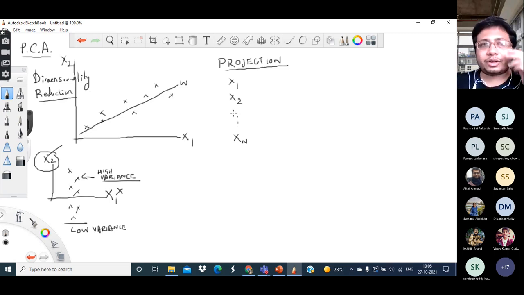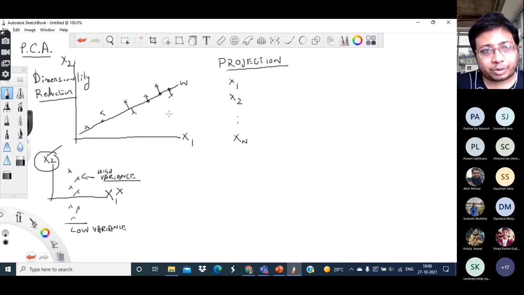So what did we decide? We decided that we will project the data along this dimension. As some of you pointed out, what we need to do is drop perpendiculars from each data point onto this direction, and the new points we get are our new data points after reducing the dimensionality.